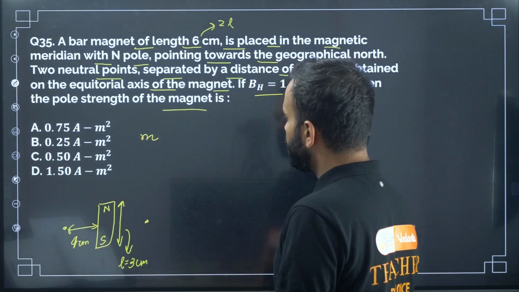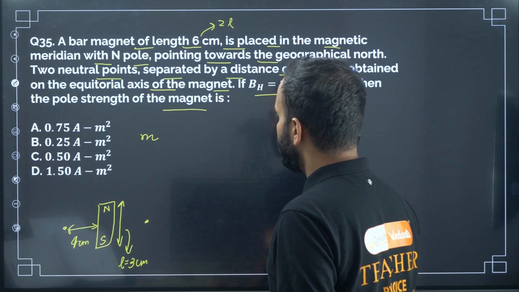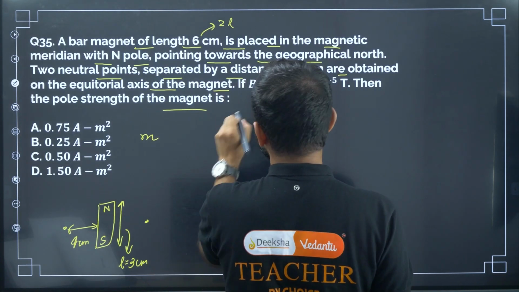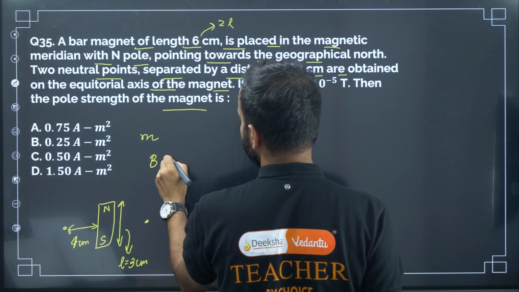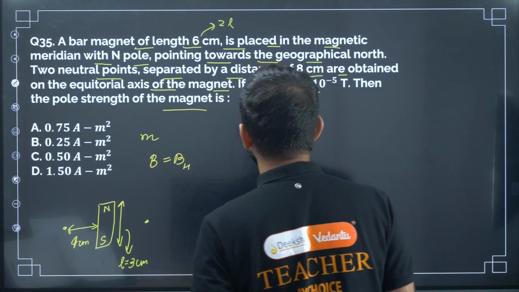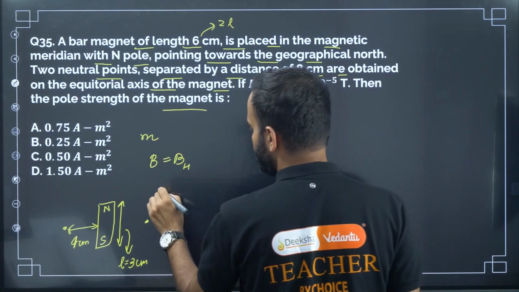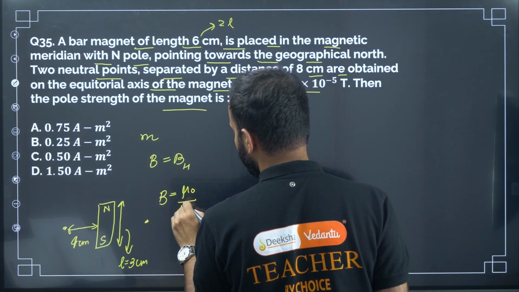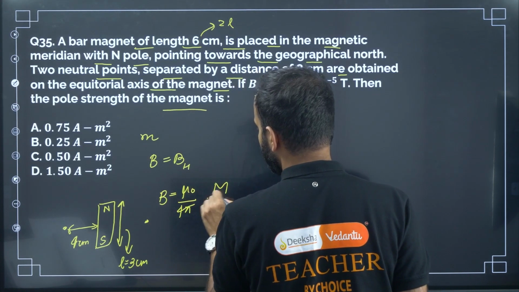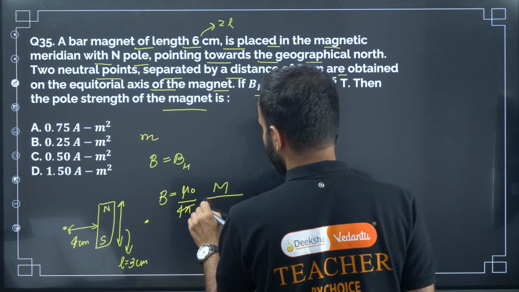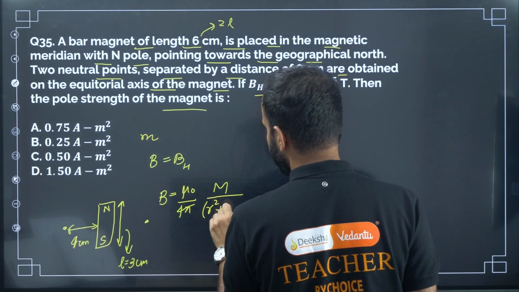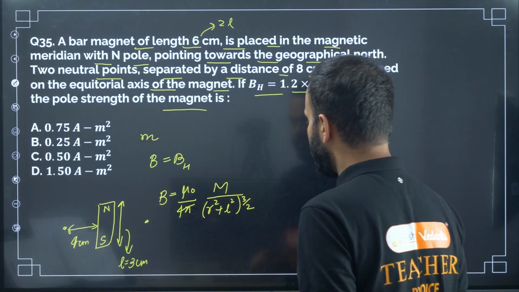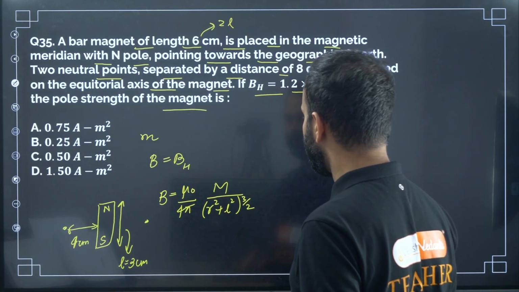Here we know that B equal to BH, so B equal to mu naught divided by 4 pi into m divided by r square plus L square to the power 3 by 2.